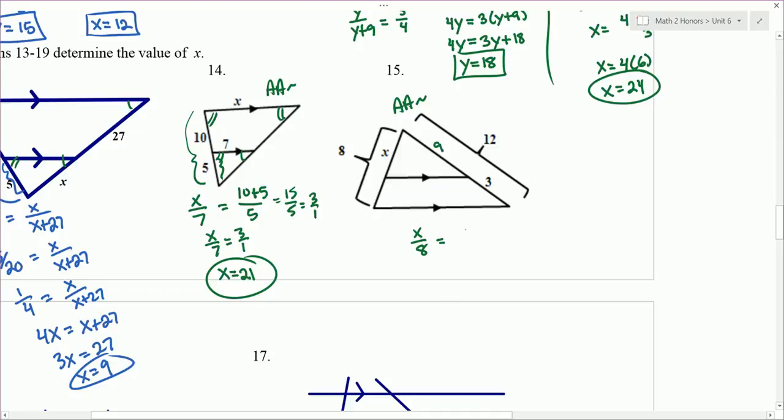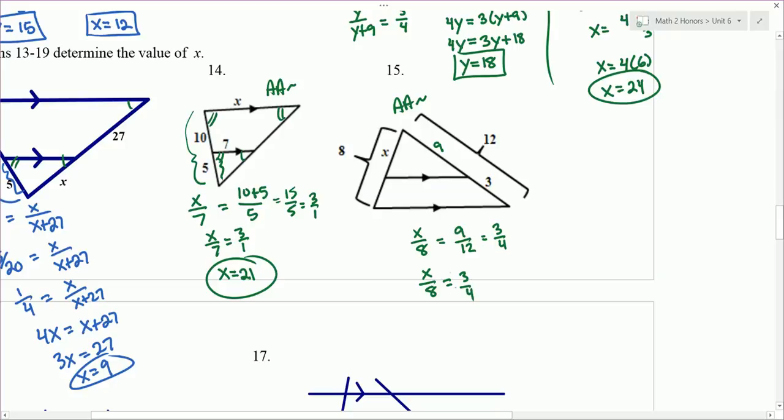So x to 8 is equal to 9 to 12. And if we divide by 3, we get 3 to 4. So x over 8 is equal to 3 over 4.